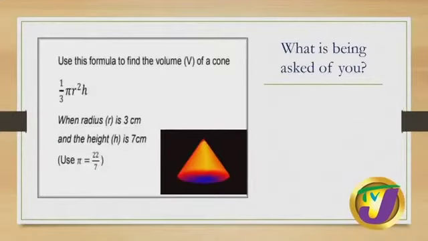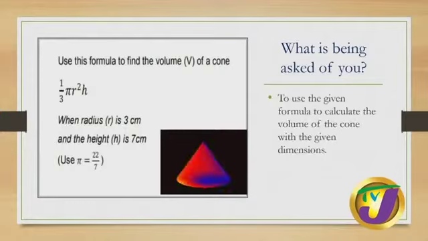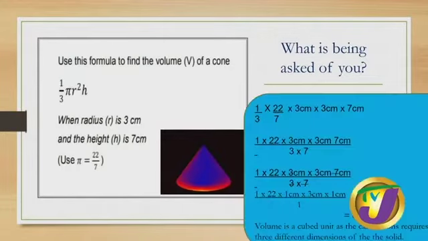Now, what is being asked of you, which I hope you would know by now, is to use the given formula to calculate the volume of the cone with the given dimensions. So they gave you what r is in this case, and what the height is. Let's look at it. All you're doing is substituting the values that were given to you.